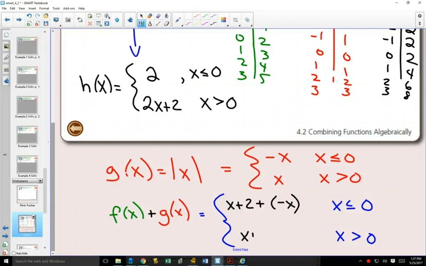In the other one, f of x is still x plus 2, but when x is bigger than 0, g of x is positive x. Can you see that when I add these together, this first equation, when it's simplified, is equal to 2? Because the x's would cancel out. And the second equation, when you add the x's together, you get 2x.